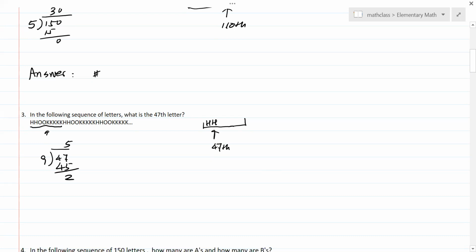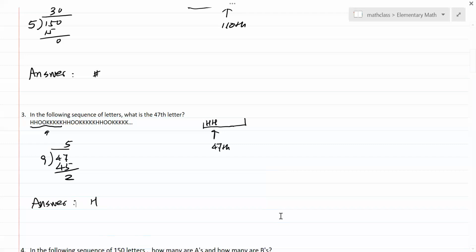That block contains 9 letters. So every time you write 9 letters for each block, and you have 5 blocks plus 2 more letters. In each block, it shows up HHOOKKKKK, right? So in this partial block, the second letter is H. That's why the answer is H.